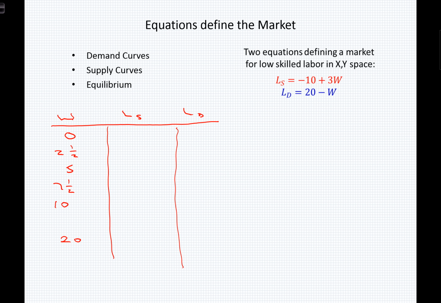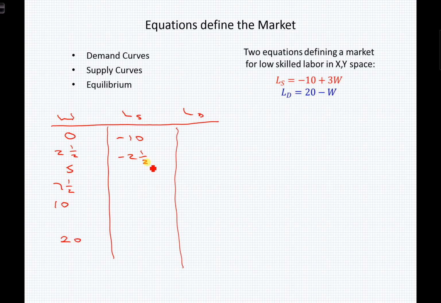So in this case, we'll do the labor supply column first. Labor supply equals negative 10 plus 3 times the wage, or 3 times W, so at a wage of 0 it simply equals negative 10. And for 2 1/2, labor supply equals negative 10 plus 3 times 2 1/2, which gives us negative 2 1/2.